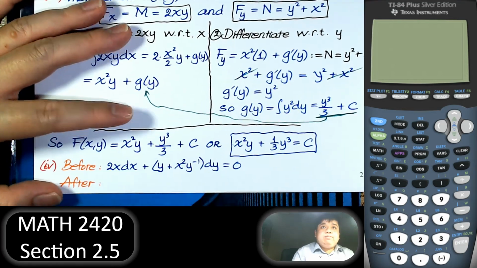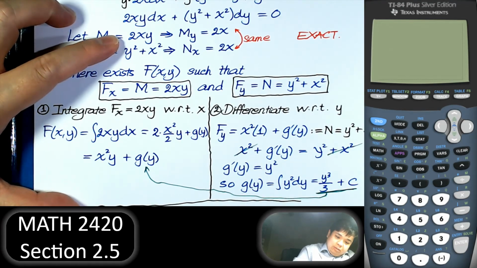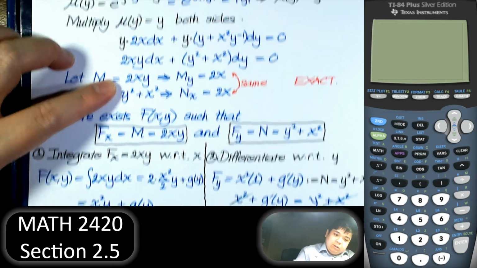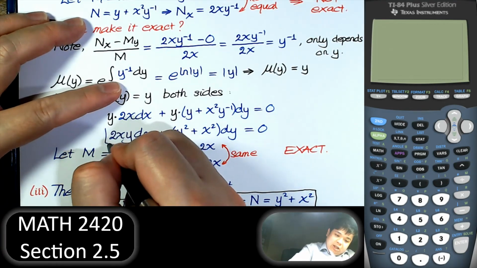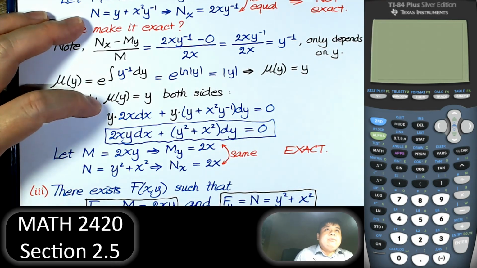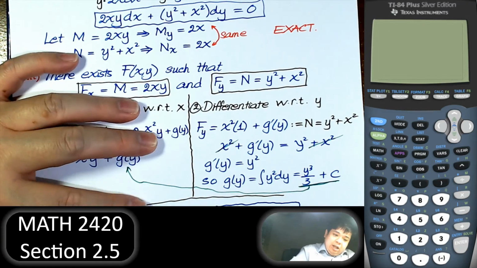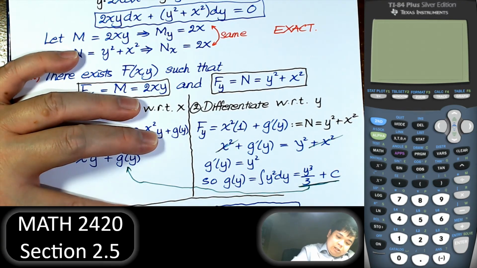That is before. And after, this is the equation after we multiply the integrating factor: 2xy dx plus y squared plus x squared dy.